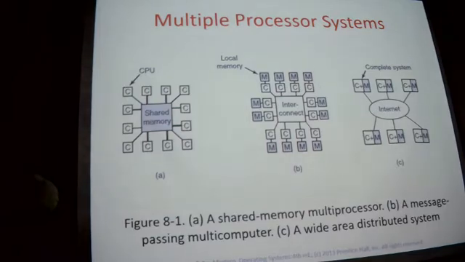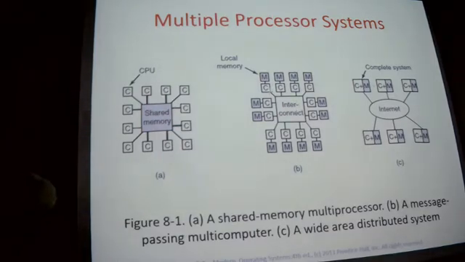But in the second figure, we just fetch the information from my own memory. So we can reduce the response time, but it will be more complicated for communication.